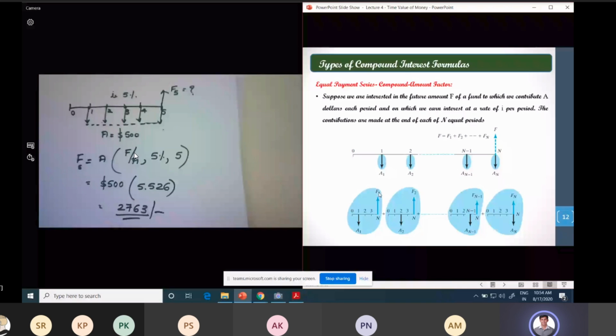Here the last deposit will be A. Collectively, when you multiply and all other things, you will get this equation. You just go to the derivation again.